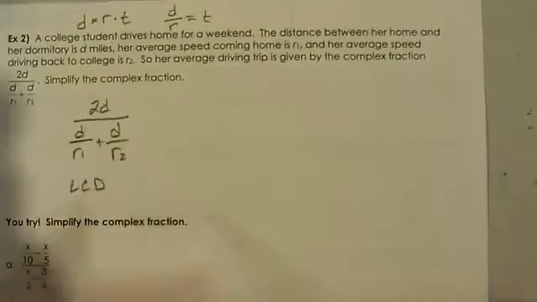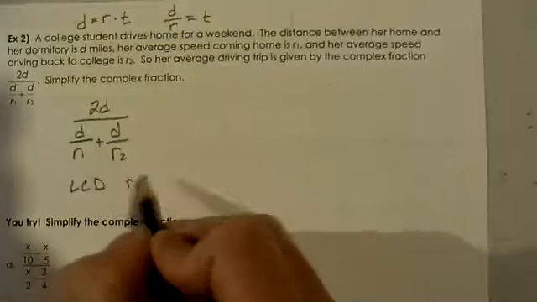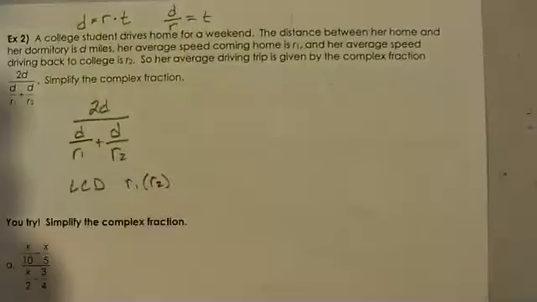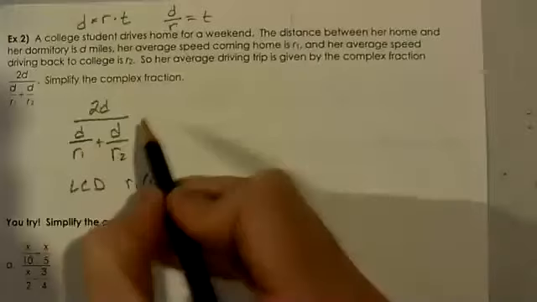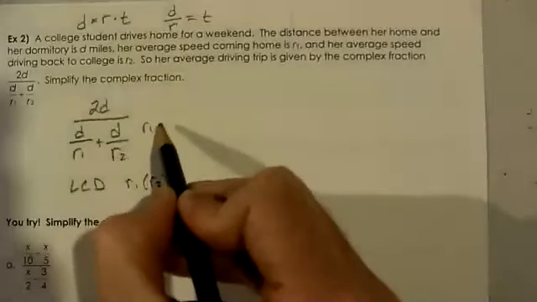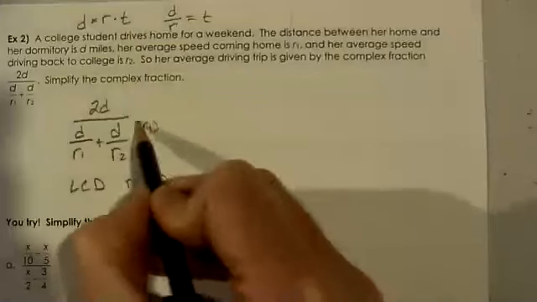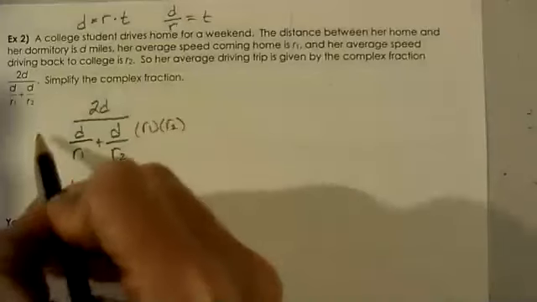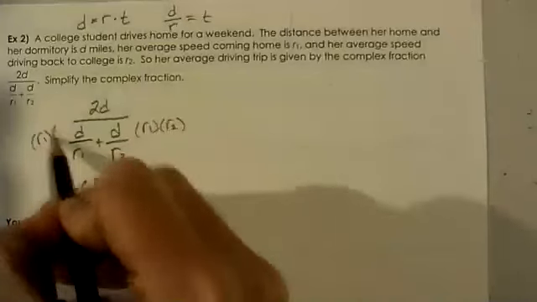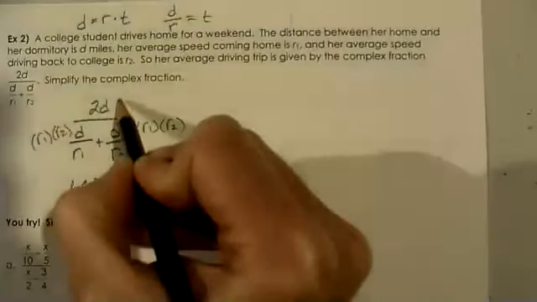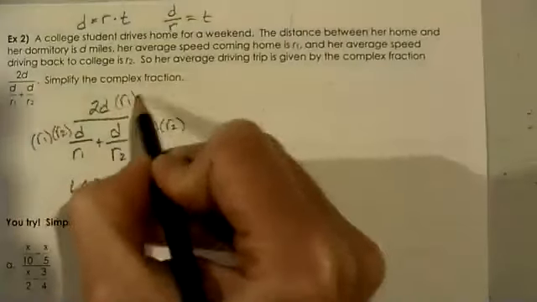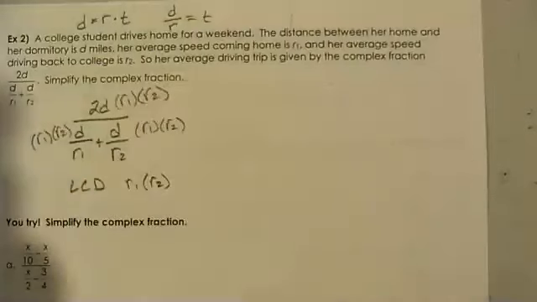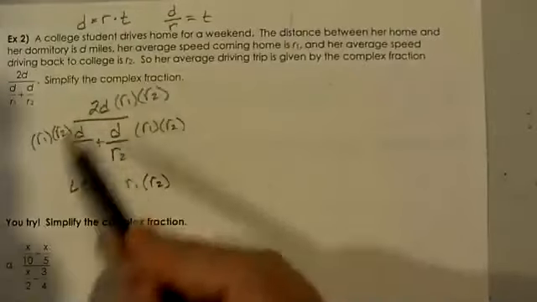We're going to look for our LCD. So our LCD is R1 times R2. So we're going to multiply this R1 times R2 and R1 times R2, and we would also do it here. Multiply it to every term that we have.